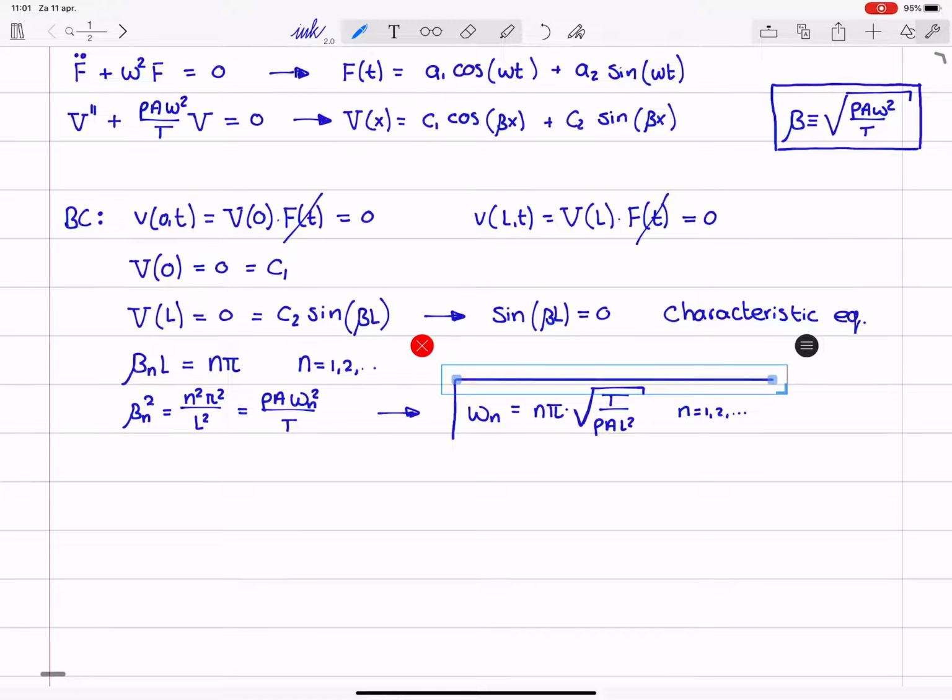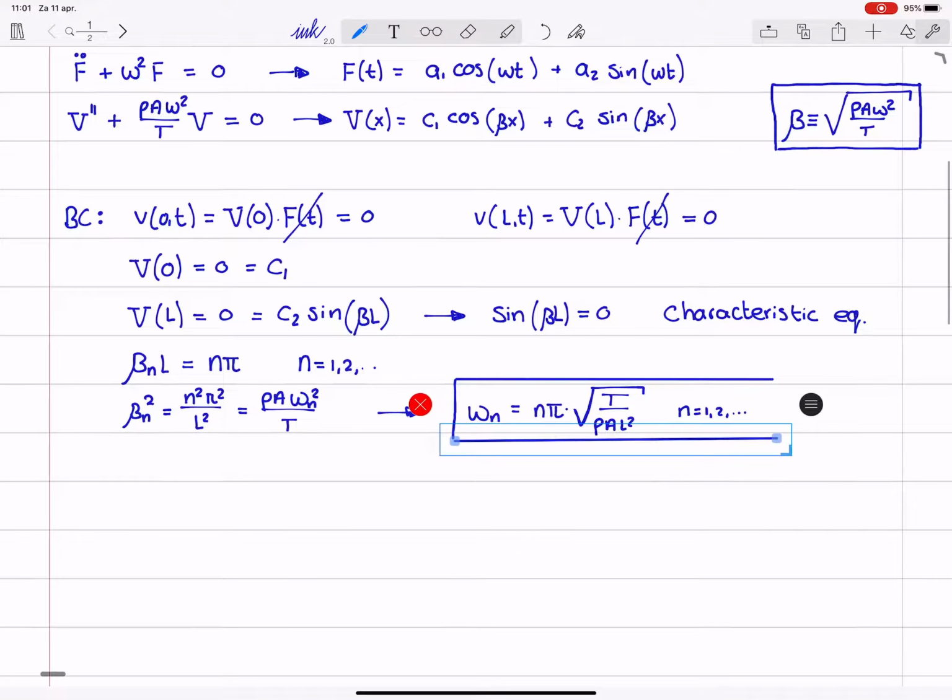We see that they are linearly spaced like this. Remember that we get to these natural frequencies by applying the boundary conditions on the general solution. And there are infinitely many natural frequencies. Now, how to determine the corresponding natural modes?